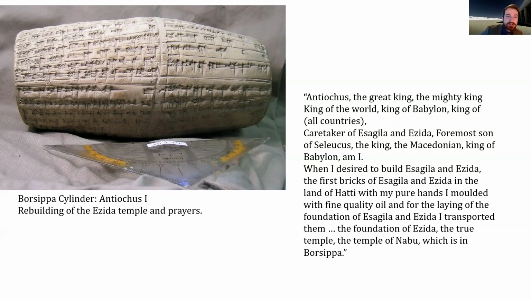And it talks about how he refounded the Esagila and Ezida complexes, and how he made the very first bricks of these complexes with his own hands. So again, getting into that idea of the king as builder, or the king as architect, that may remind us of Gudea with his architect plan.